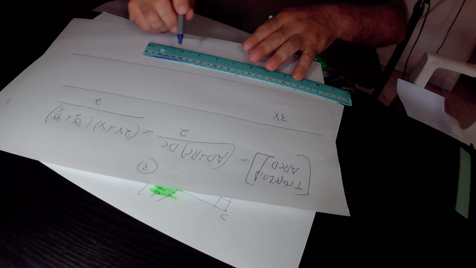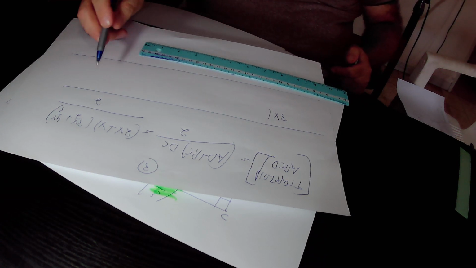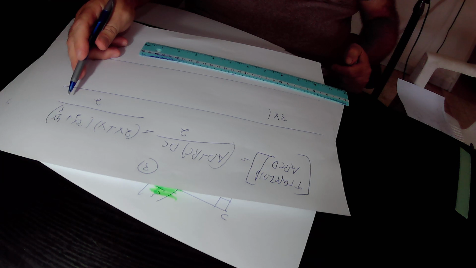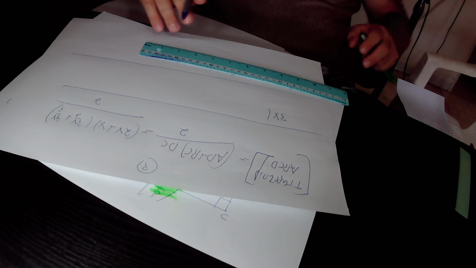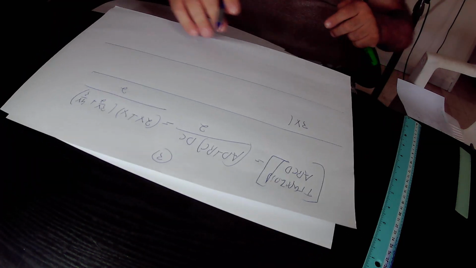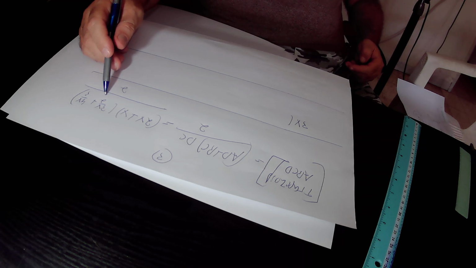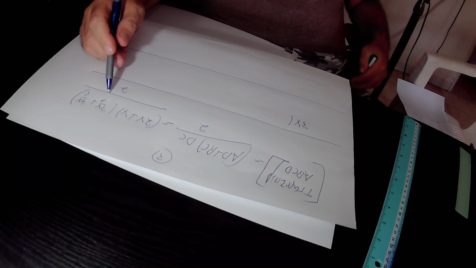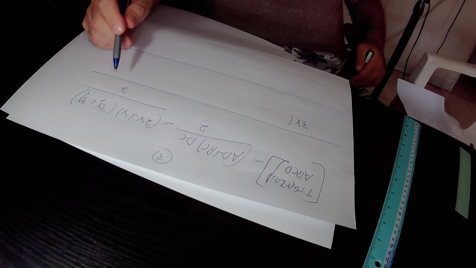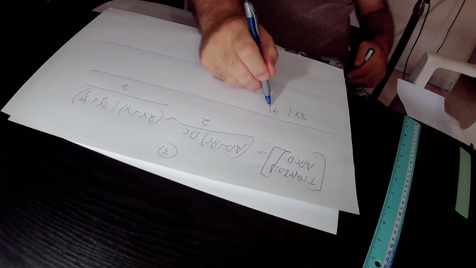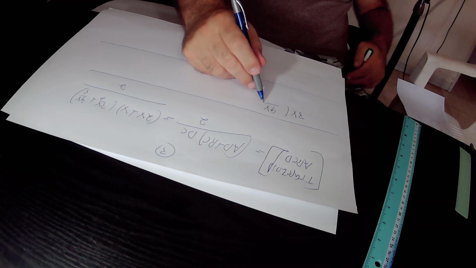So 3x, and inside the brackets we have 3x over 2 plus 4x over 3. So here we take a common denominator of 6 for those two expressions. That is to say, we multiply the numerator of this expression by 3, and then we also multiply the denominator of this expression by 3. So 3x times 3 is 9x over 2 times 3 is 6.